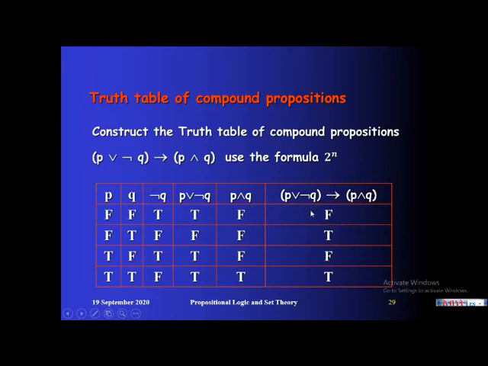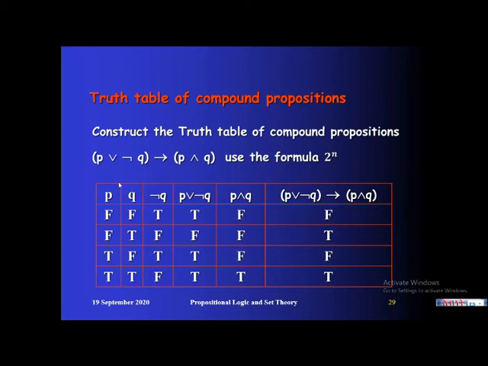For example, if you have 3 letters P, Q, R, 2 to the power of 3 is not 6, it's 8. You may have 8 lines: the first, the second, the third, the fourth, and it continues to 8 lines. So 8 divided by 2 is 4. That means give P 4 false, 4 true.